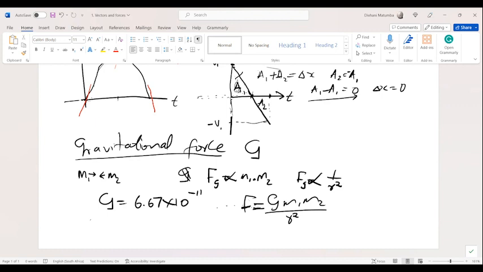The reason why the force of gravity on Earth is massive is because one of the products, which is the mass of the Earth, is humongous, it's very big.